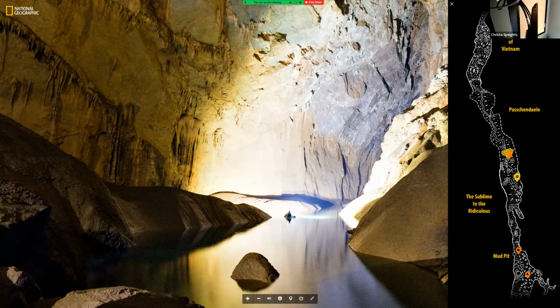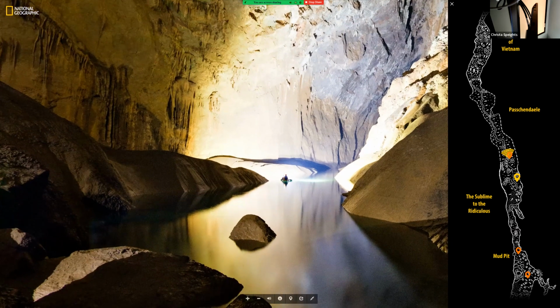I'm sure it does have a name, but Lake of Son Doong, is that what we said? Okay. And so it's what's called a sump, and that's where the passages up ahead have filled and kind of backed up, and you get this pond of water, and that's as far as our tour goes.